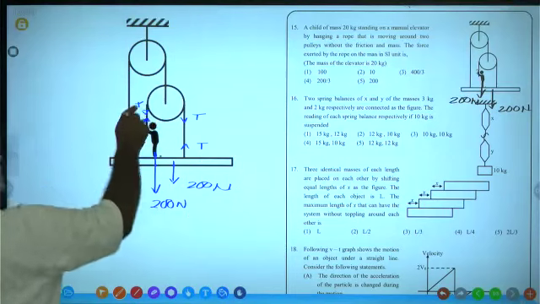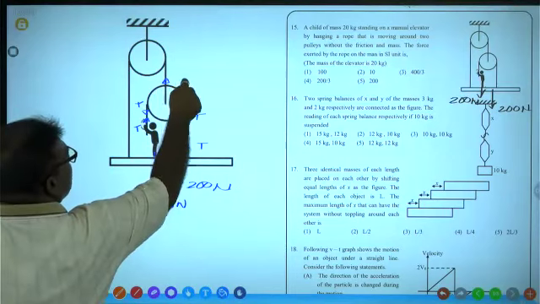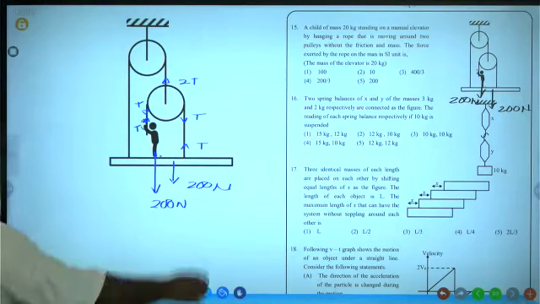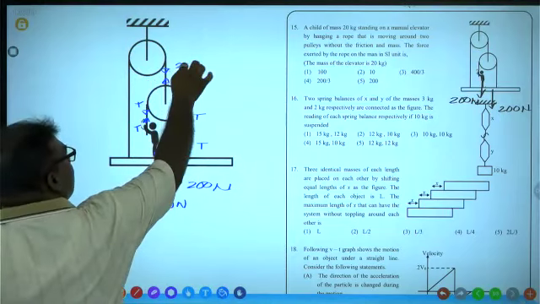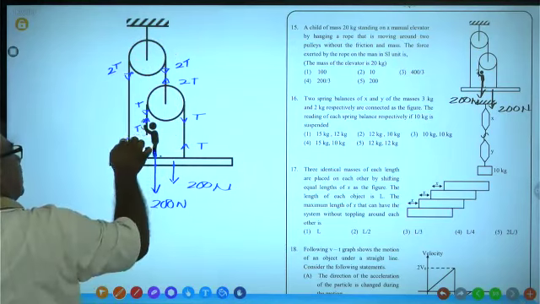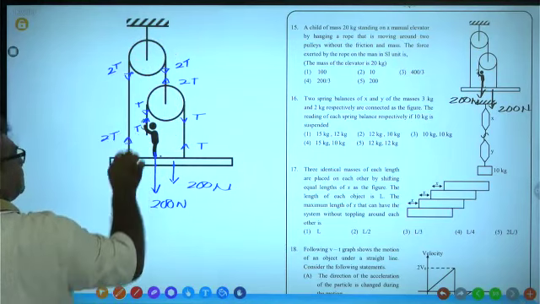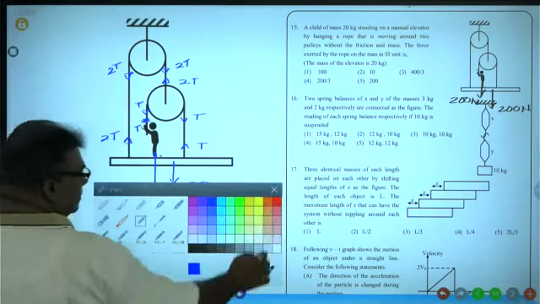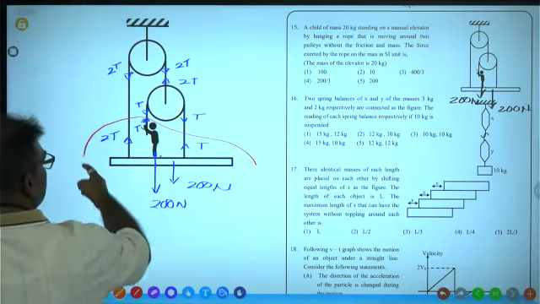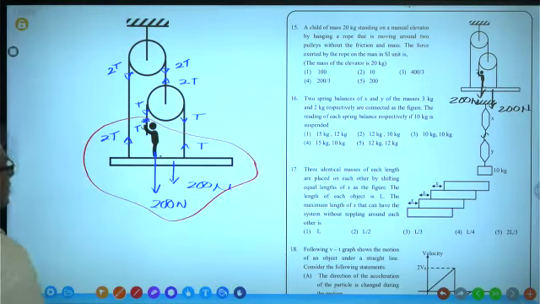Put a light pulley, then T and T. This could be 2T. Total weight should be equal to total upward forces. This one is also 2T as the same string. Here we have 2T, and here another 2T. Then can we consider this portion together? Equilibrium of this whole one is considered.